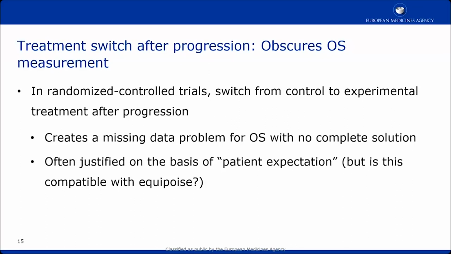And then we say, but hang on a minute, if they wouldn't accept, then isn't there maybe a question of equipoise from the start, and how is the prospect of a switch after a progression the same as treatment with the experimental arm up front? So basically, other difficult problems come with progression-free survival.